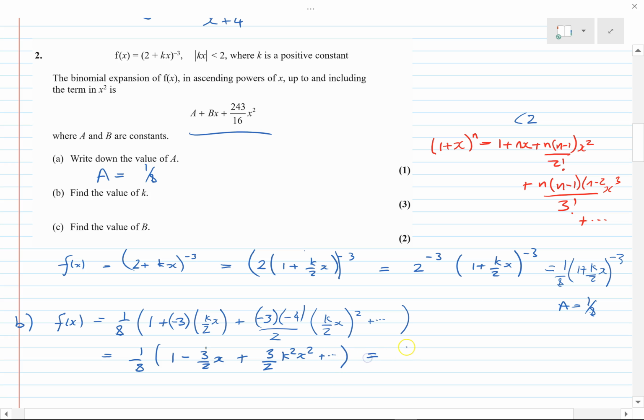Now multiplying that out, that's 1 over 8 minus 3 over 16x plus 3 over 16 k squared x squared.